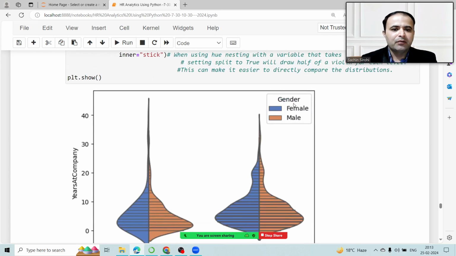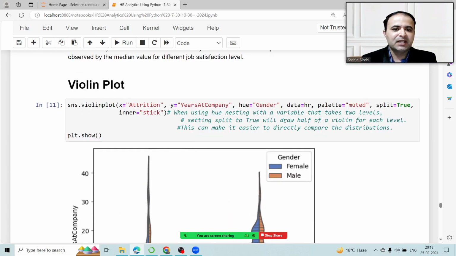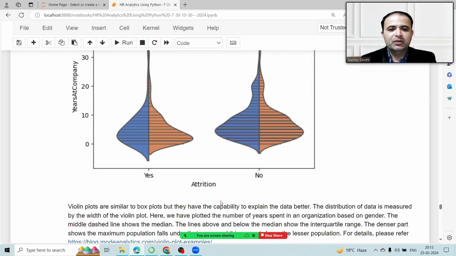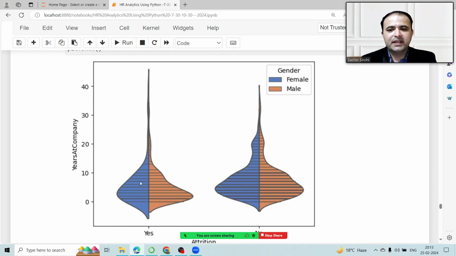So we want to check attrition, yes or no. These are the data. Year-wise, those with attrition yes are the ones who left the company.